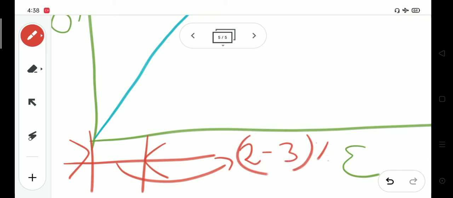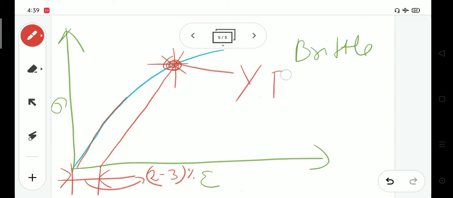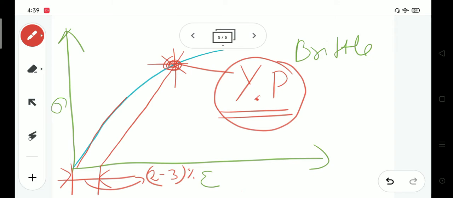In the 2 to 3% of strain, we draw a line parallel to this line, and we consider this point to be our yield point for brittle material. But it's all a theoretical and mathematical model. It doesn't have much physical significance, so the yield point in brittle material is not really considered.